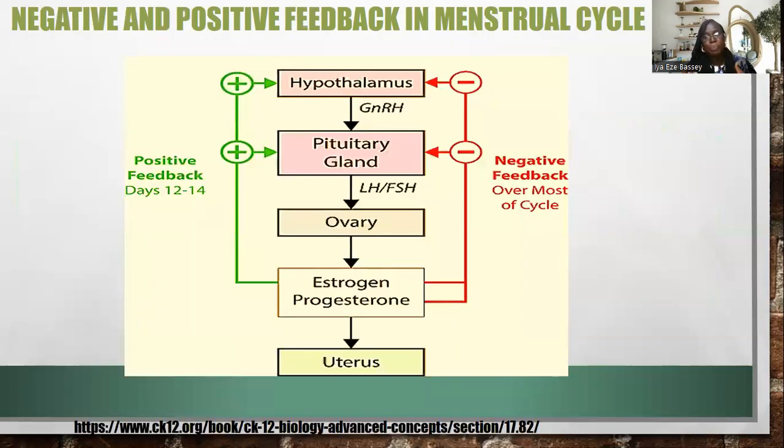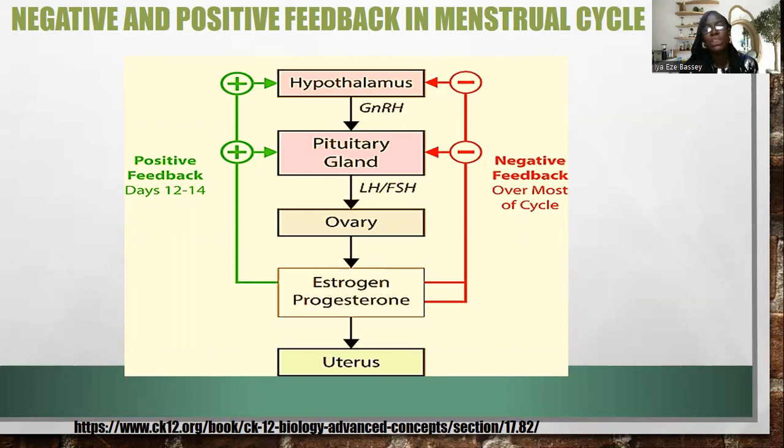So we do have another case where both negative and positive feedback mechanisms work, especially in the menstrual cycle. Most of the time in the menstrual cycle, we have negative feedback working, like we saw in the hypothalamus, pituitary, thyroid gland axis.